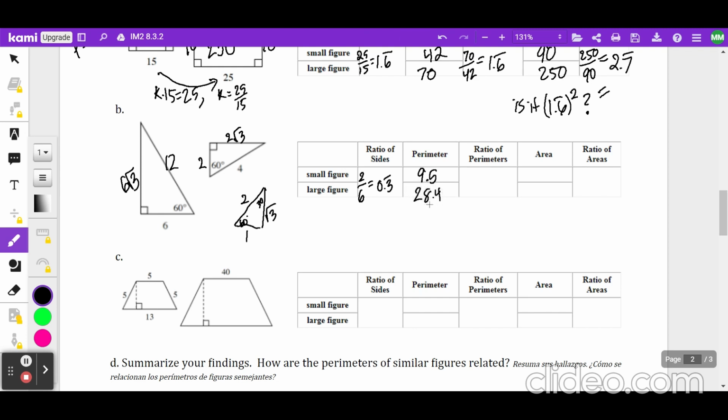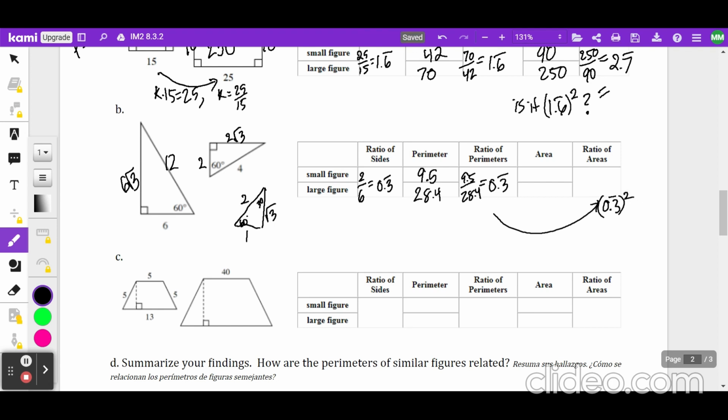And let's check if this ratio is, again, a third. 9.5 over 28.4 equals, would you believe it, 0.3 repeating. Golden. I bet you anything that this is going to be 0.3 repeating squared.